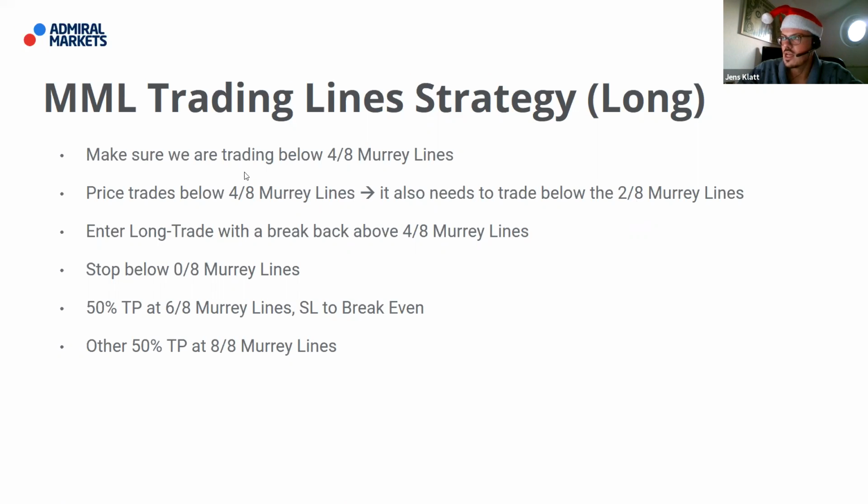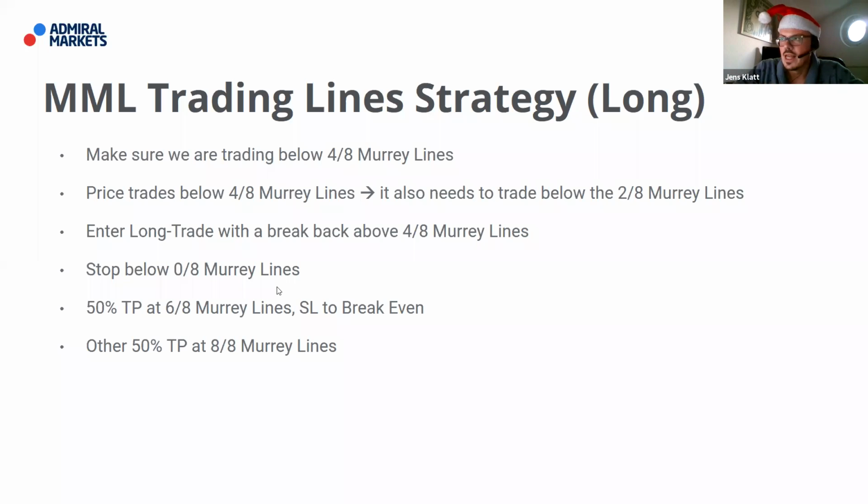And once the market reverses from there, trading back above the 4/8 Murrey line, we enter a long trade with a buy stop order. The stop will be placed below the 0/8 Murrey line, so the ultimate support line in this case. So it's a long trade, and we place it at the bottom of this Murrey line structure, let's call it.